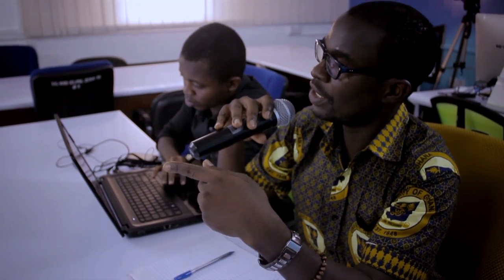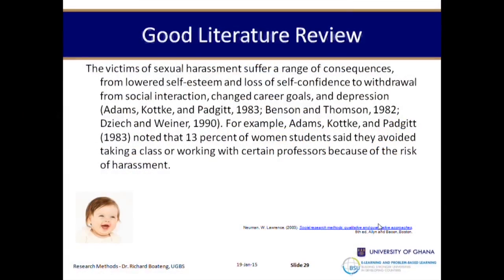That's where he brought in the examples. For example, Adams and the rest noted that 13%; those are his illustrations. The argument is that victims of sexual harassment suffer a range of consequences, and he supported that with his evidence, which is the literature he used.